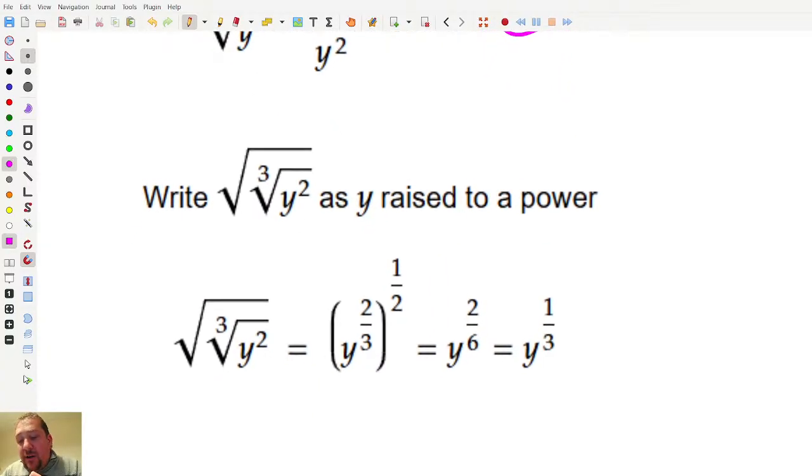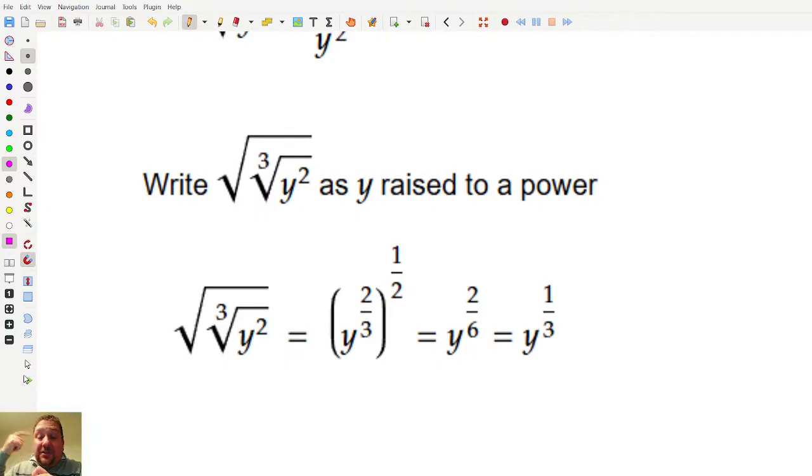Last but not least, kind of just a silly example here, but we have the square root of the cube root of y squared. So notice I have an outside square root, reminding us earlier the index is 2. So there's my 2. And I can say everything inside here has an exponent of 1.